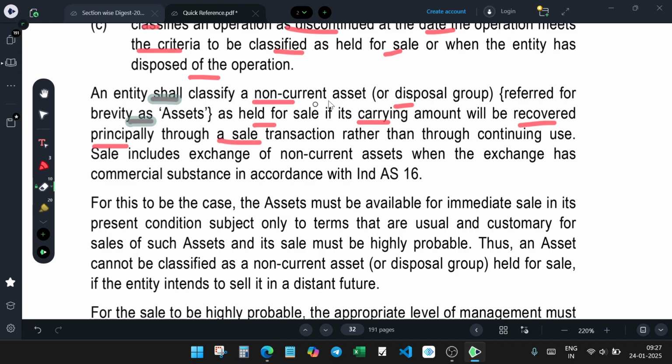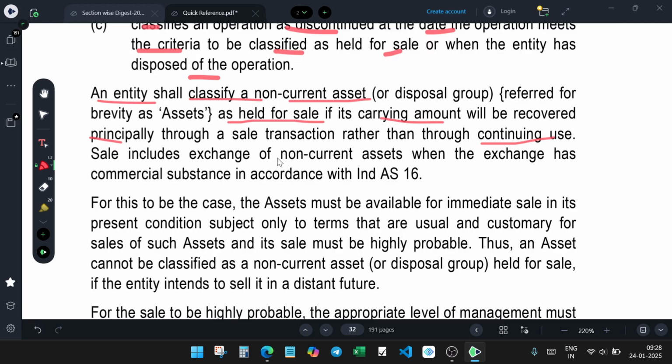What they are saying is that the entity can classify it as a non-current asset held for sale only if it believes that when we sell it, we can recover the carrying cost through a sale transaction rather than through continuing use. You are not going to use it, we are going to sell it. If we are able to recover through the sale transaction, we can consider it as held for sale.